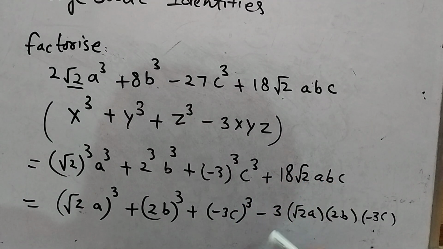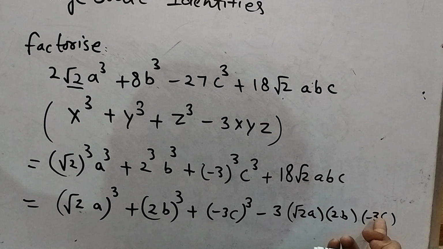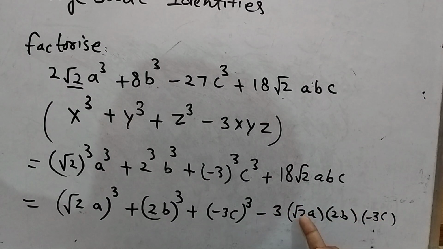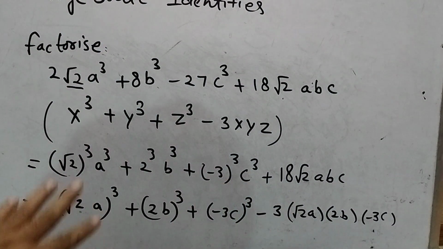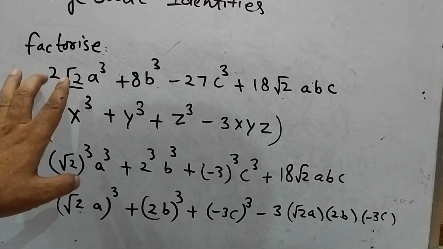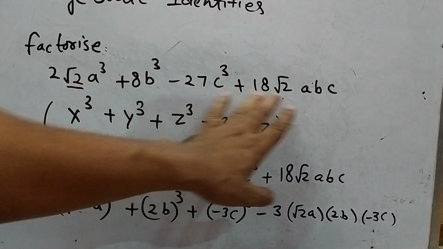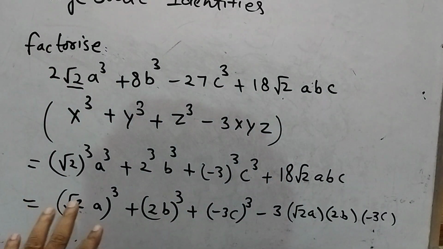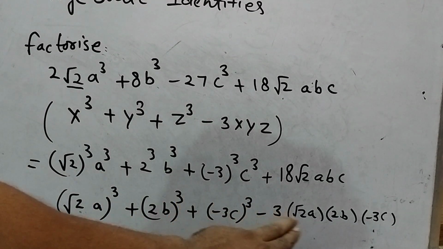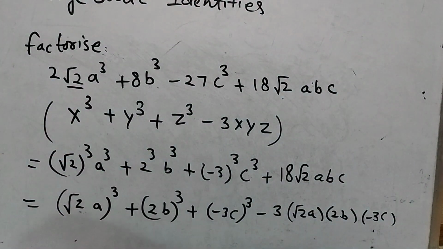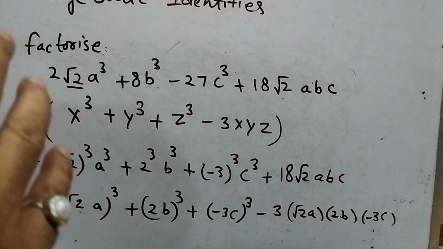So when we multiply 3 into 6, 6 3s are 18, and plus root 2 abc. So now we have converted this algebraic expression into the form x cube plus y cube plus z cube minus 3xyz. Now we are able to apply the identity.